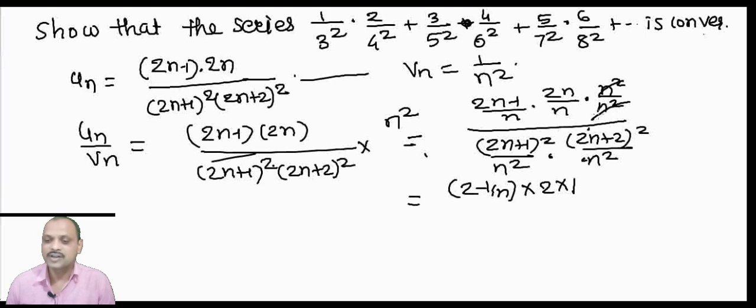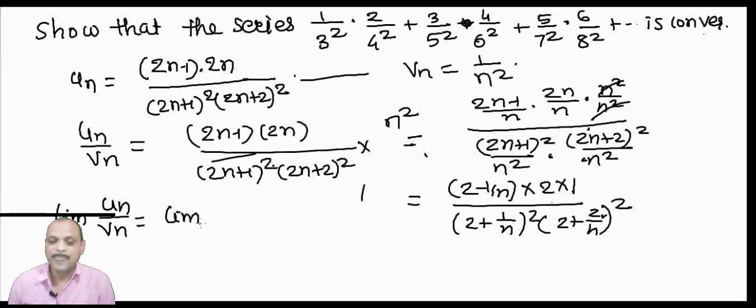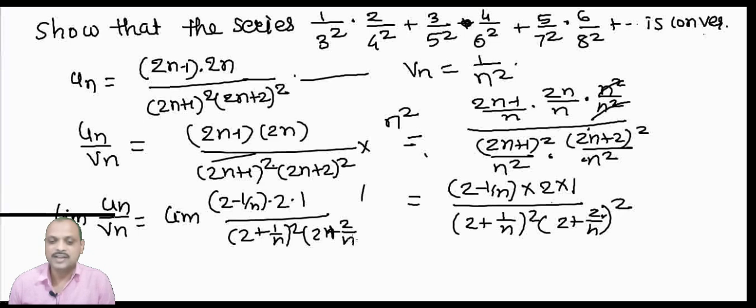In the denominator this will be 2 plus 1 by n whole square into 2 plus 2 by n whole square. Now let us take the limit of un divided by vn, which is the limit of this term as n tends to infinity.